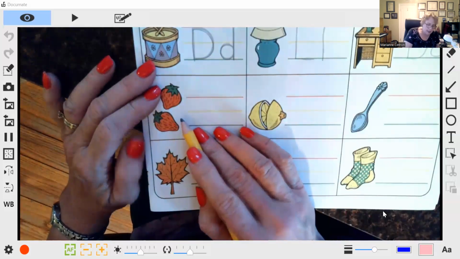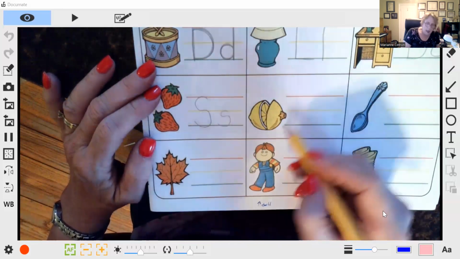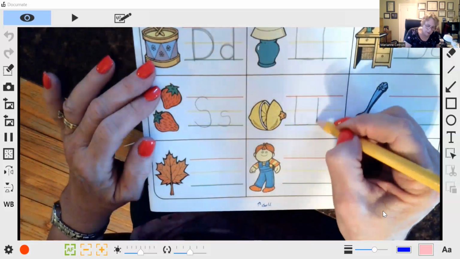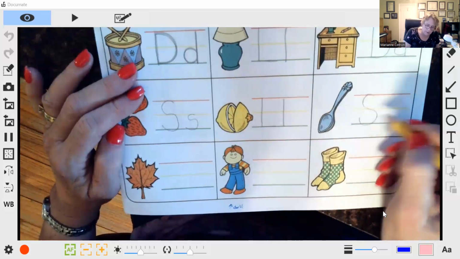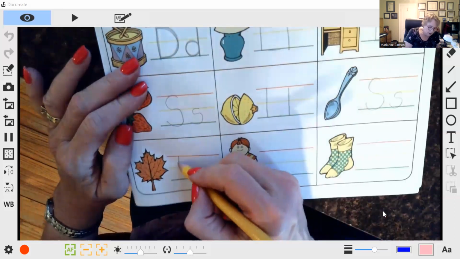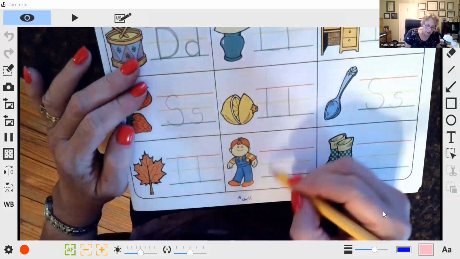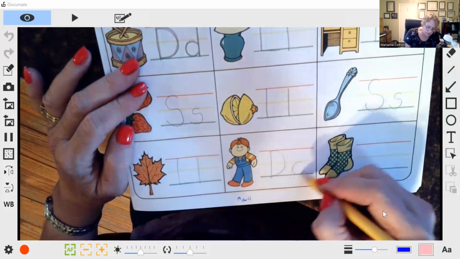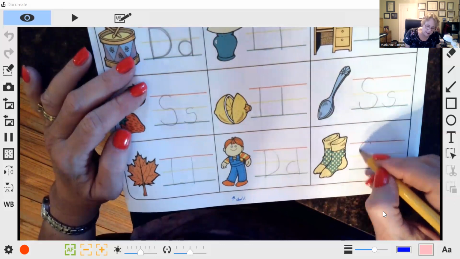Strawberry, S, S. And we did the S. Lemon, O, L. Spoon, S, S. Leaf, O, L. Doll, D, D. And we have sock, S, S.